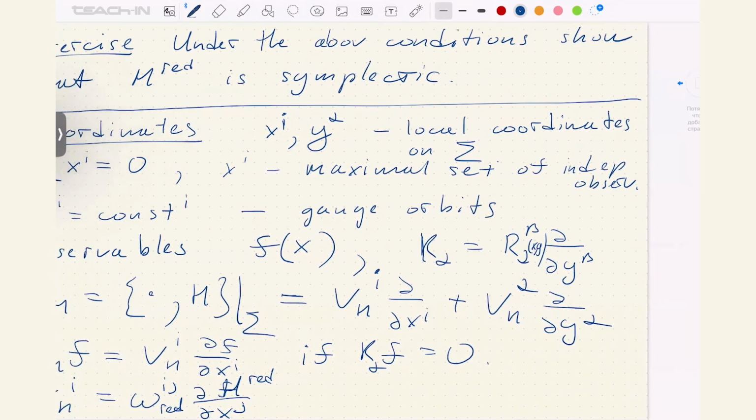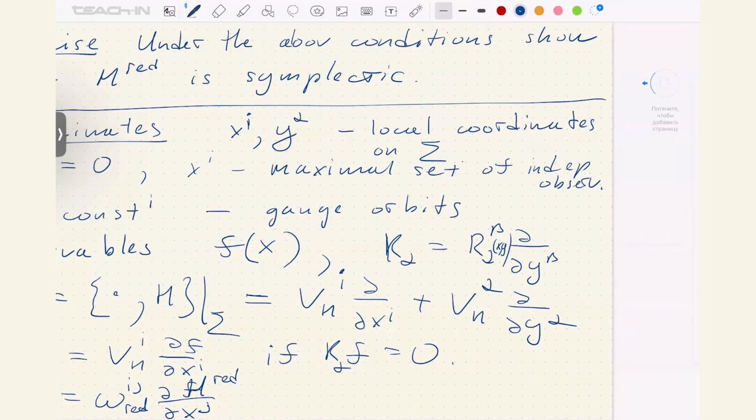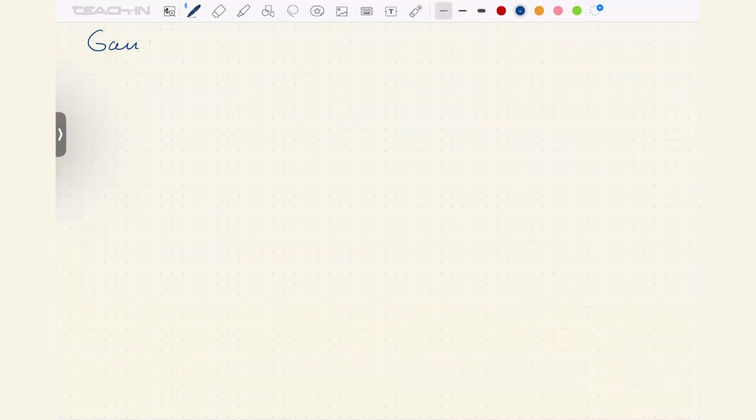The next thing we should discuss is gauge fixing. Again, this term is used very often and with slightly different meanings. Of course, the idea is always the same, but the precise meaning may differ depending on the context.